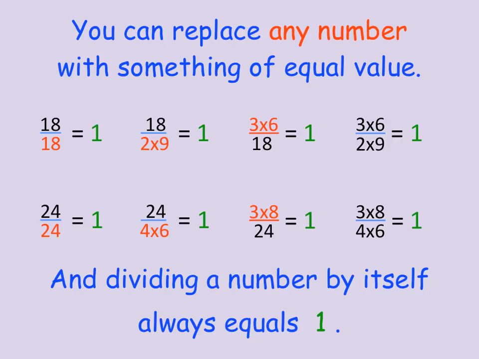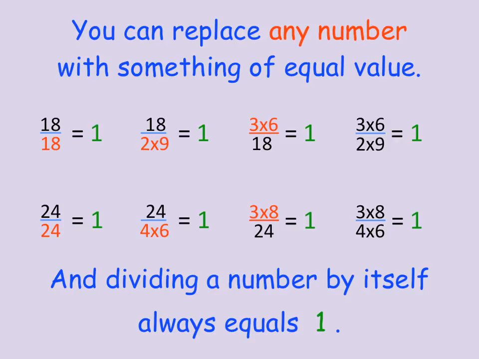The first fraction problem you see is 18 divided by 18 equals 1. That's either fraction or division. 18 divided by 2 times 9, well, 2 times 9 is 18, so it really means 18 divided by 18.